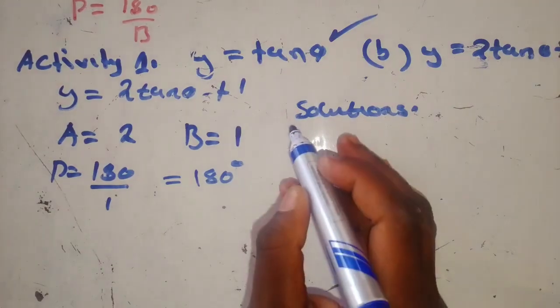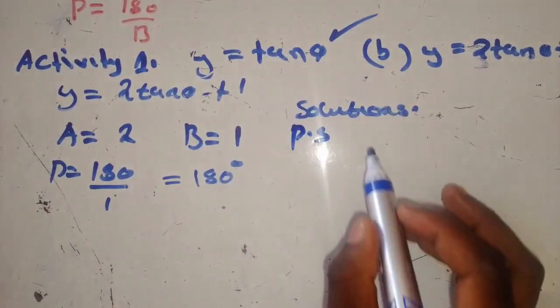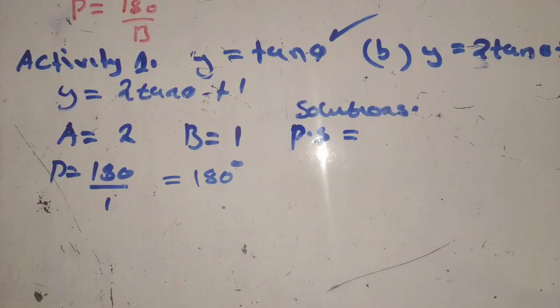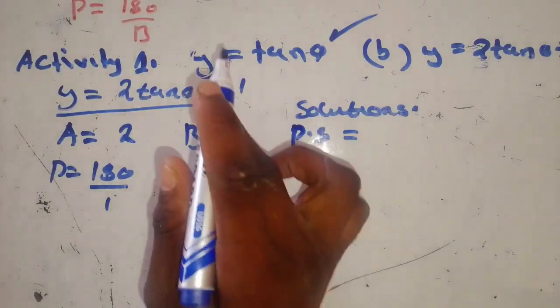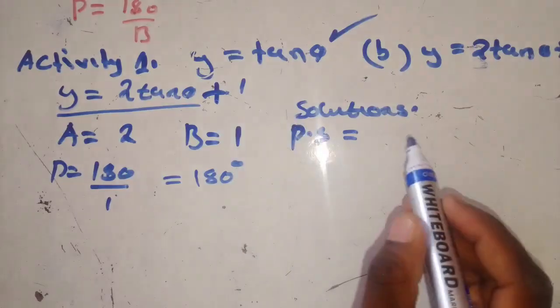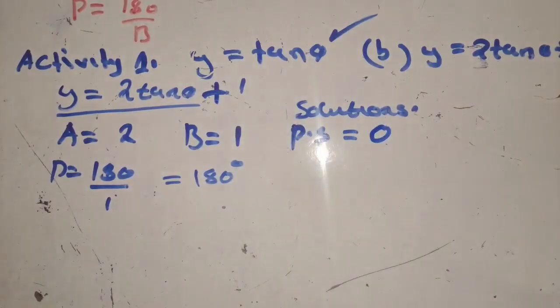Then you find your phase shift, which is the starting point of the graph, and it's given by the formula C over B, where C is the angle, but in this case, we don't have the angle. So the phase shift will be 0.